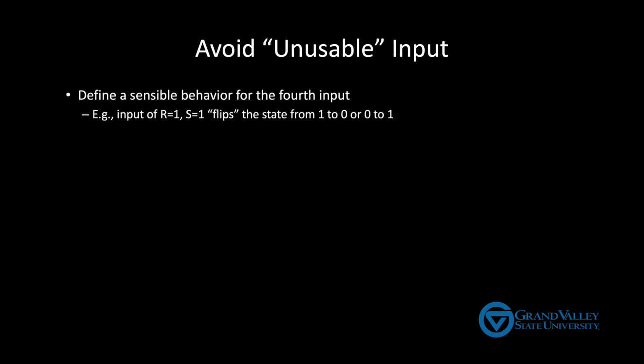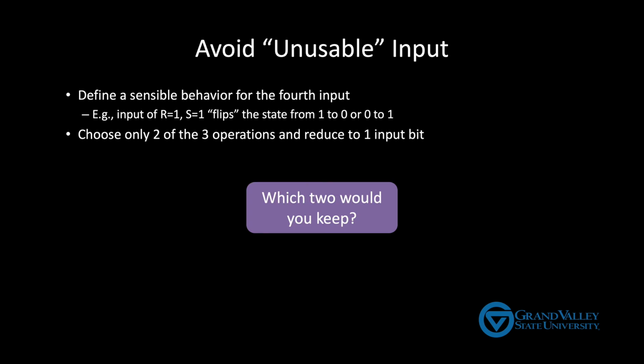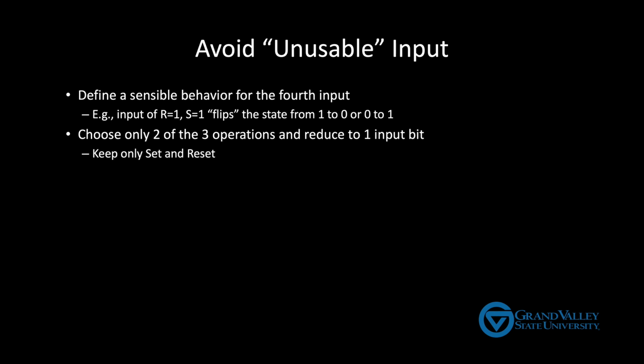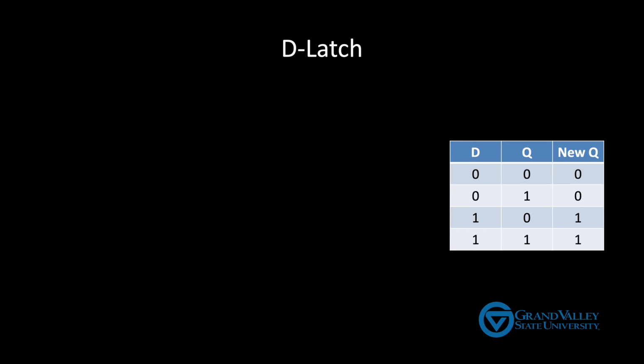The other approach is to pick only 2 of the operations, so we only need 1 bit of input. If we were to do this, which 2 of the 3 operations would you keep? Well, a common approach is to keep only set and reset. This choice will make sense when we talk about clocks. Such a latch with a single input that can only set and reset is called a D-Latch. And if I remember correctly, D stands for data.